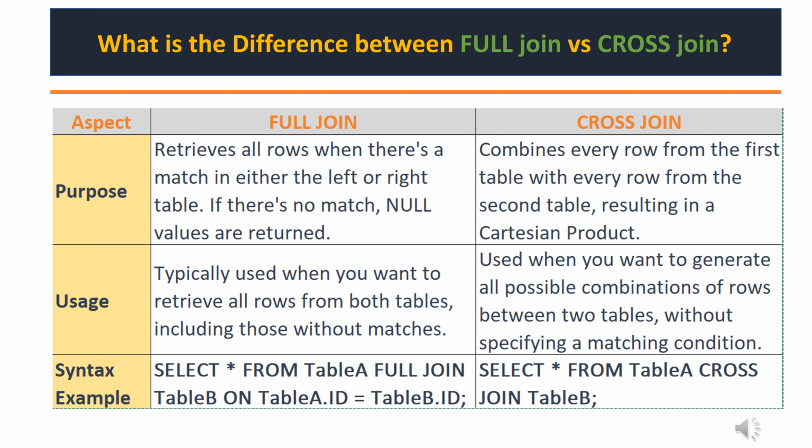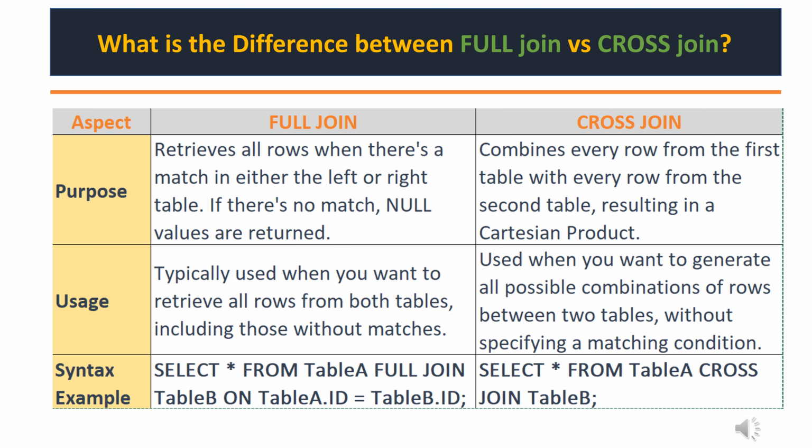In case of full join, the purpose is when we have to retrieve all the rows, and it should match. So one column should match between both the tables. We saw that example of employee and department table, where department ID is matching between both the tables. So in that case, we can apply the full join.